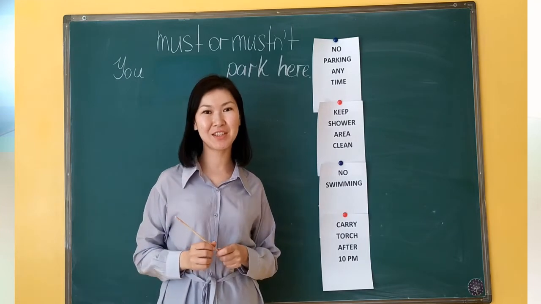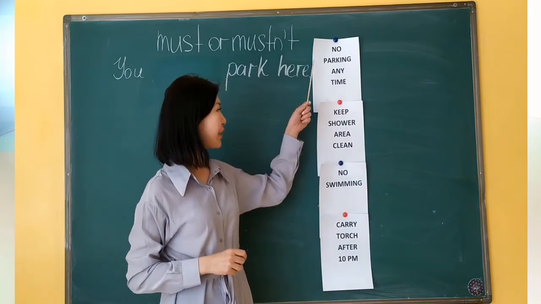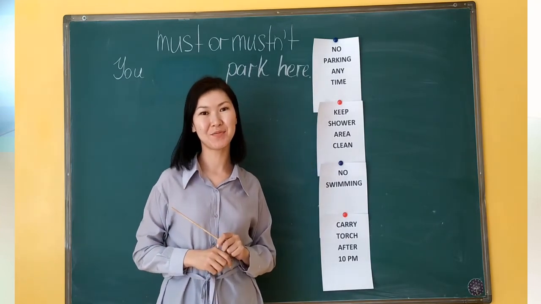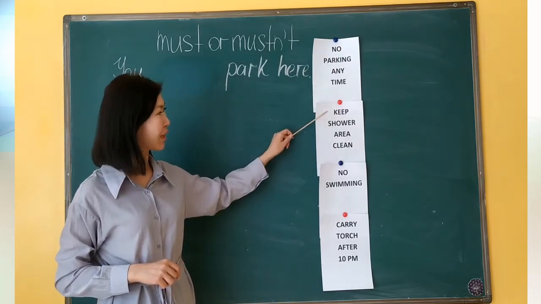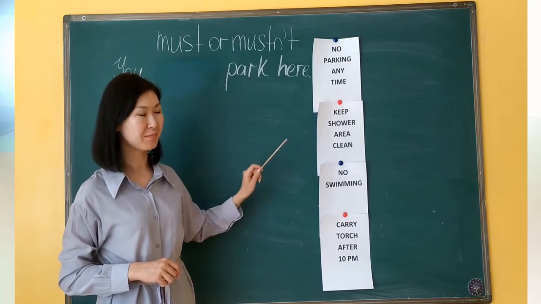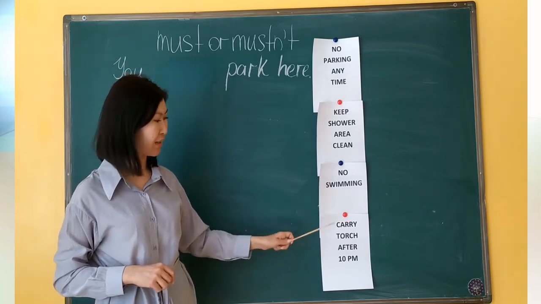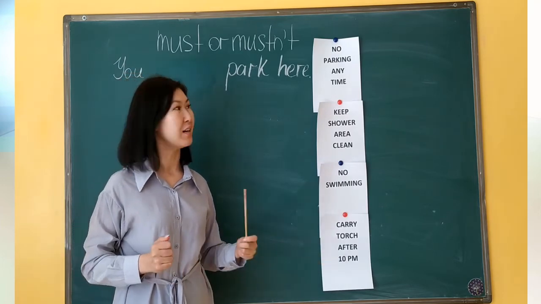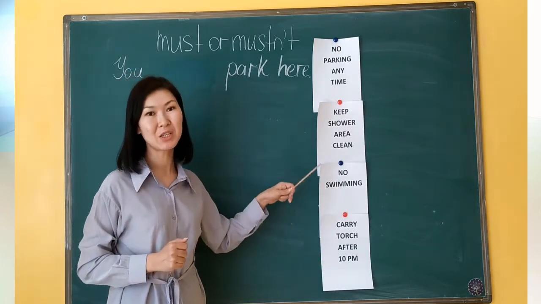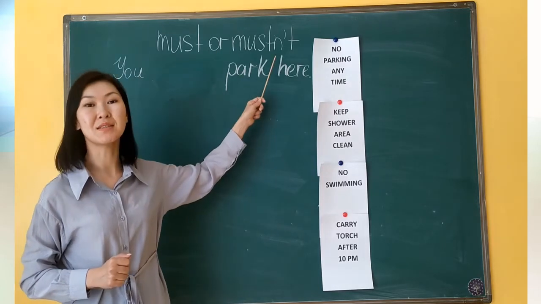Let's have a look at the different signs which we can see in different places. So, no parking anytime, keep shower area clean, no swimming, and carry torch after 10 p.m. Okay, let's make sentences using must or mustn't.